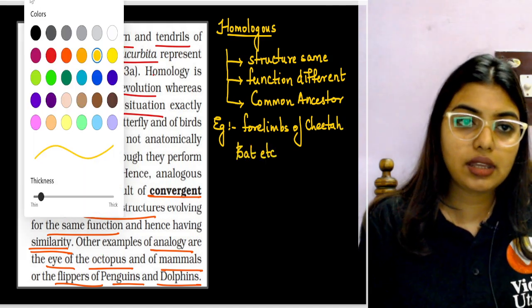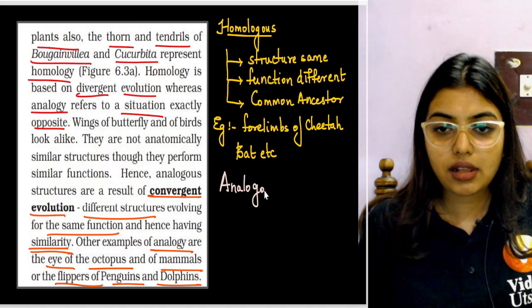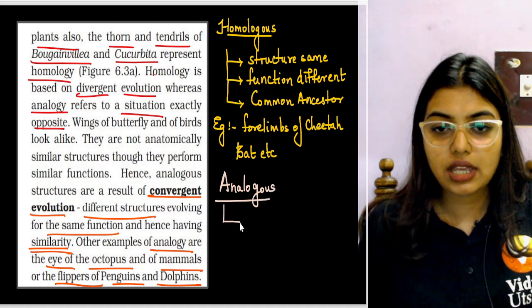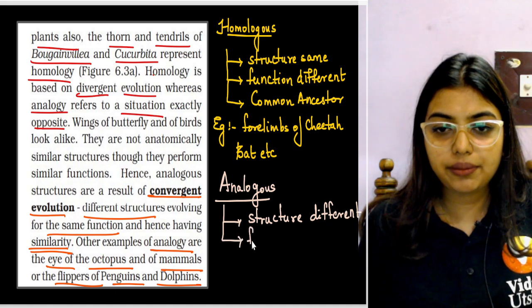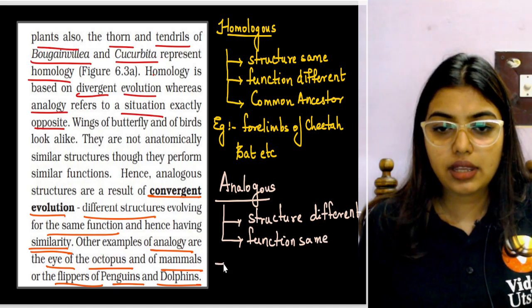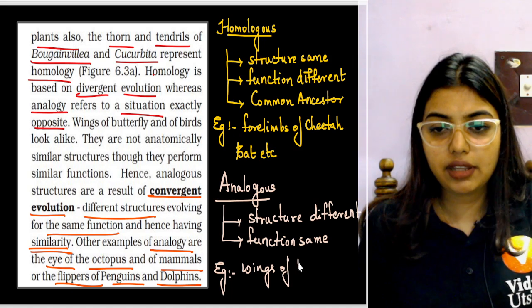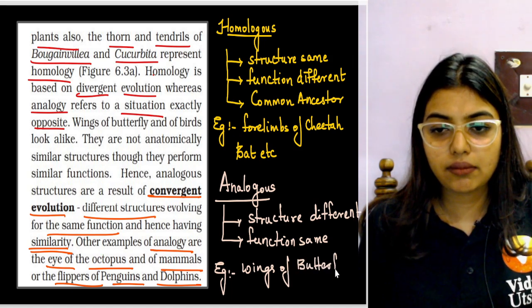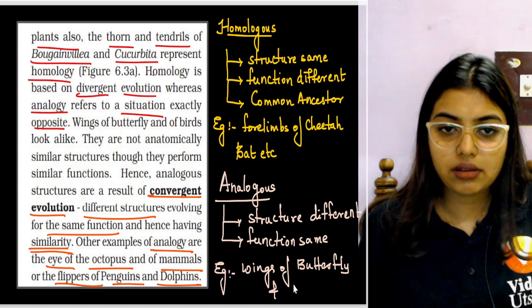Then here, analogous. What is analogous? Here the structure is different but the function is the same. They will not have common ancestors. Example: wings of butterfly and birds.